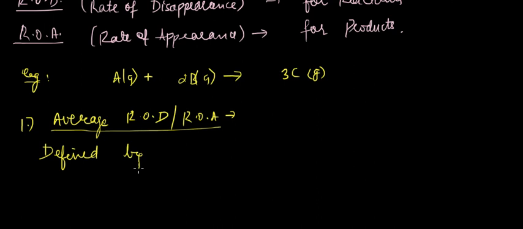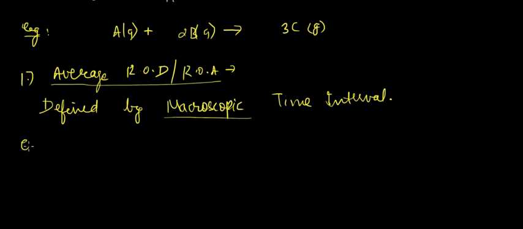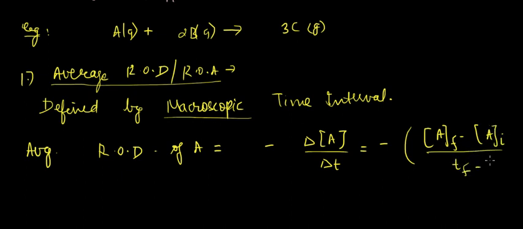Then, let's say we are saying average rate of disappearance of A over a macroscopic time interval would be nothing but minus delta A by delta T. It can also be written as minus of final concentration of A minus initial concentration of A divided by time taken to reach the final concentration from initial concentration.